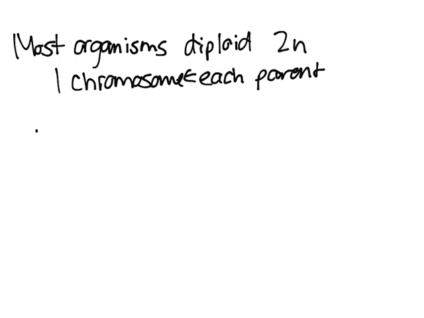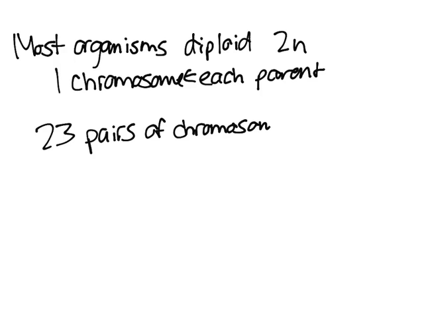And so we have 23 pairs of chromosomes. And so these pairs are called homologs. Homologous chromosomes, same thing.